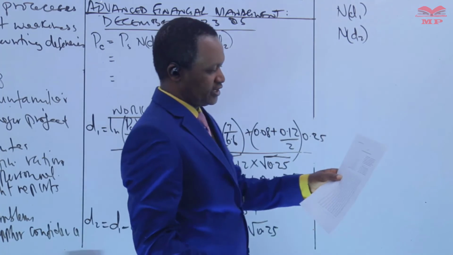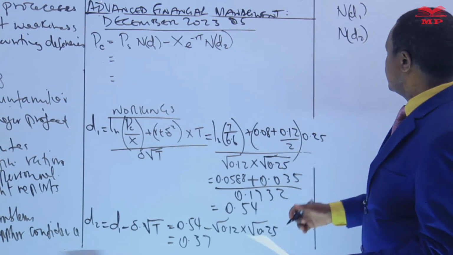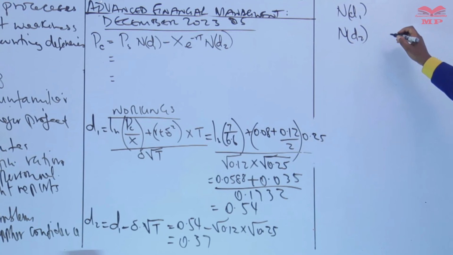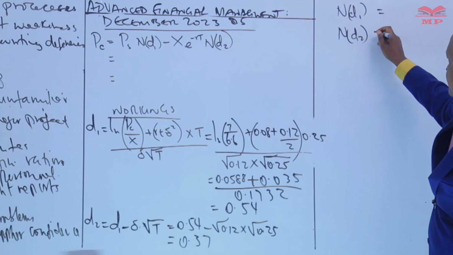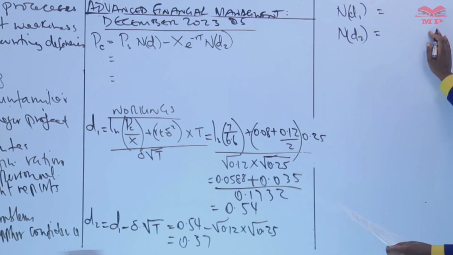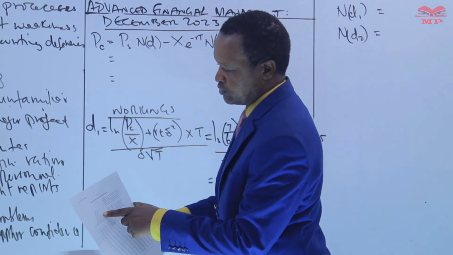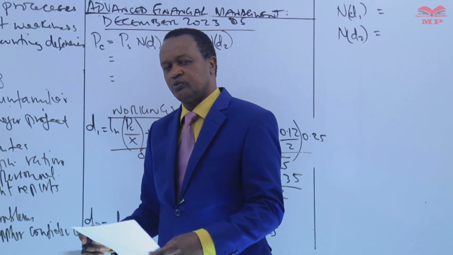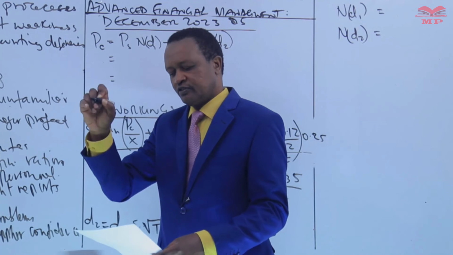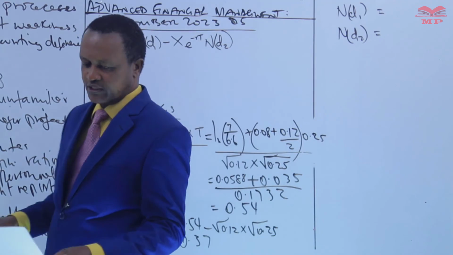I can read directly. 0.54, 0.37. I'm reading from the cumulative standardized normal distribution, the one that has one side. But the one that is divided, you'll have to add 0.5 to the answer you read from the table.